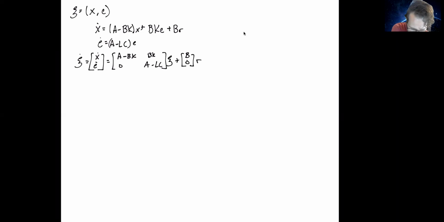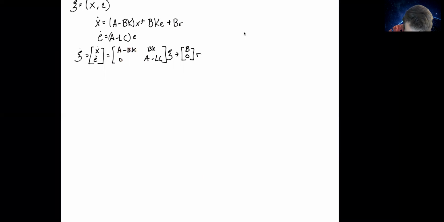All right, so now what we can do is if we want to show that this system here is asymptotically stable, that resolves to just ensuring that the eigenvalues are less than 0. We can show that if we note that this is an upper triangular matrix. That means that the determinant of this, which you would use to find your eigenvalues, can be separated.